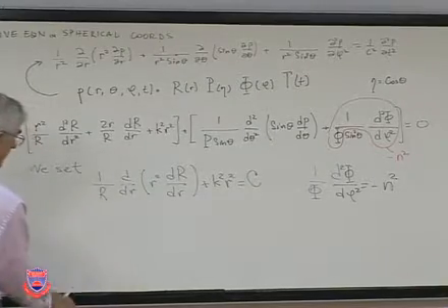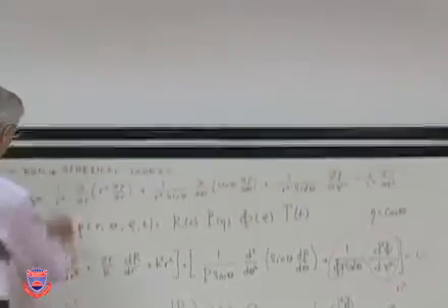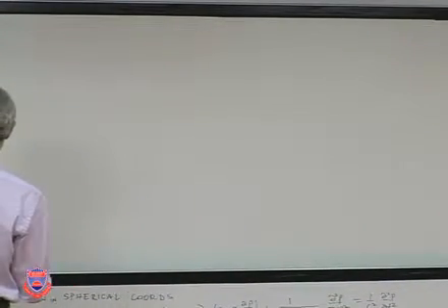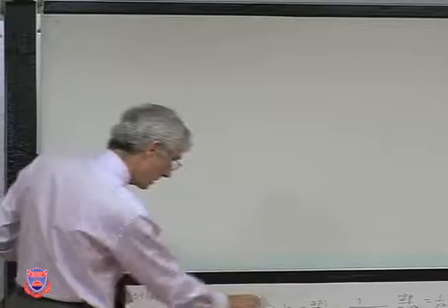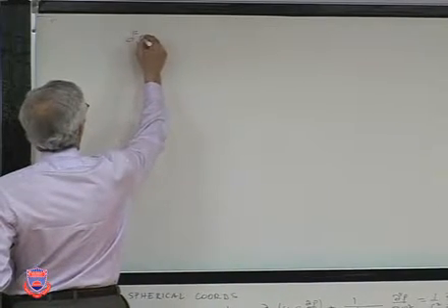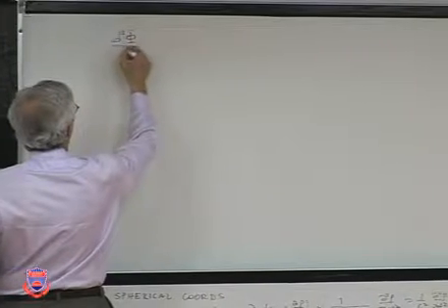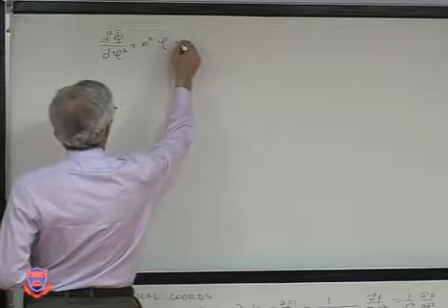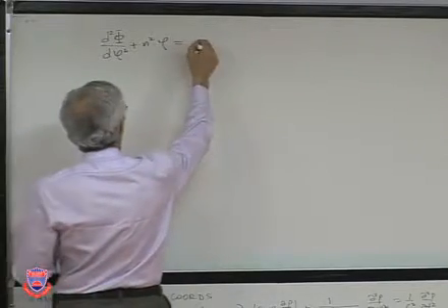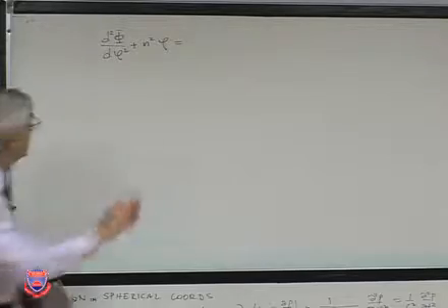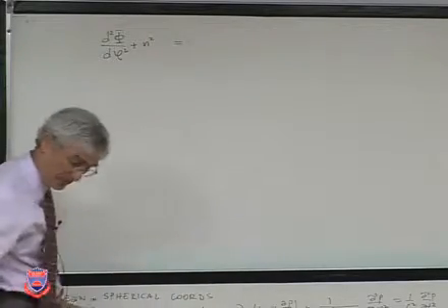Rewriting these, we have, first of all, the phi double prime plus n squared phi equals 0.